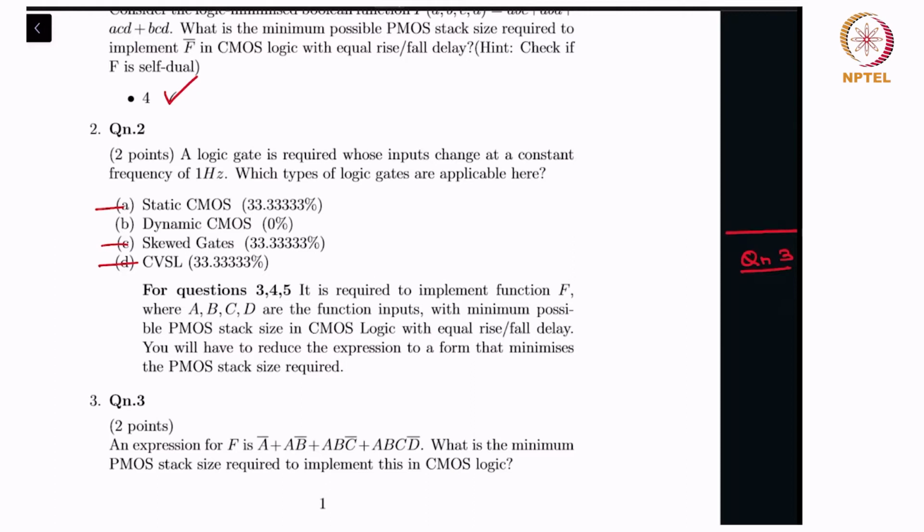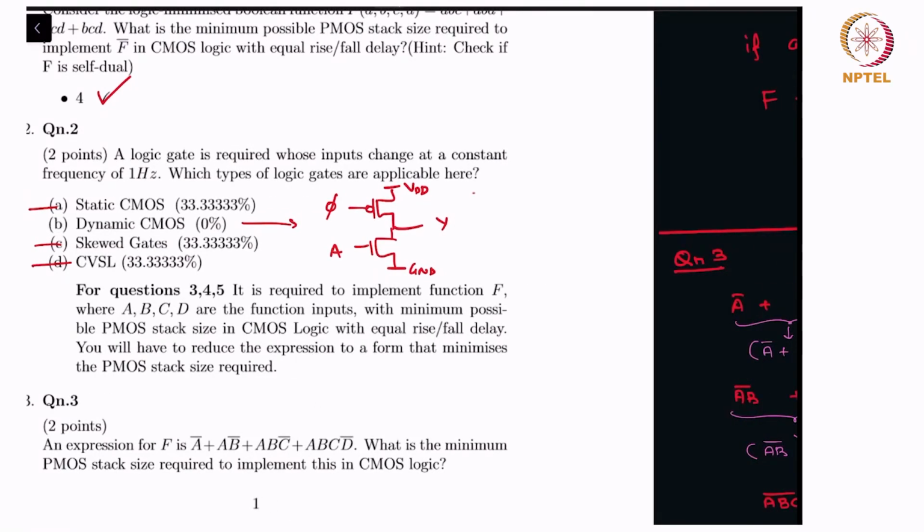But the dynamic CMOS, for example, let's say you take an unfooted dynamic inverter. The clock is an input, A is an input. The idea is that when clock is equal to 1 and A is equal to 0, the output is floating.